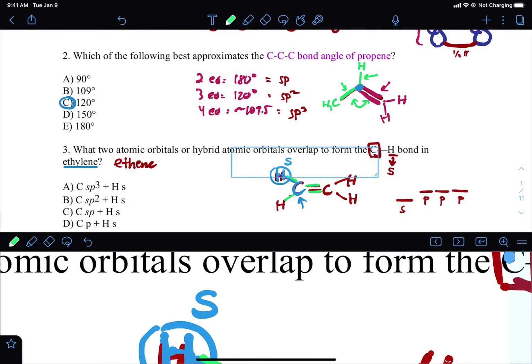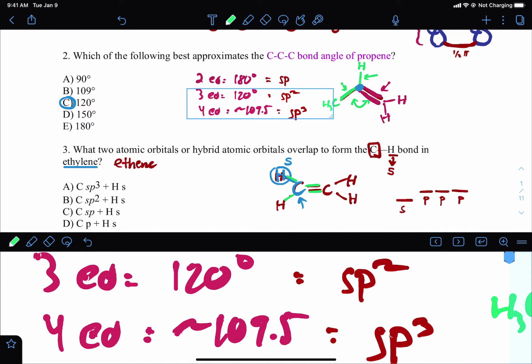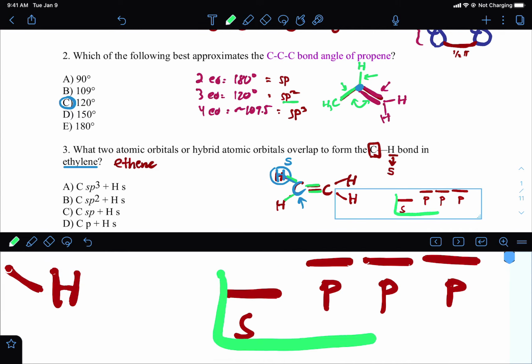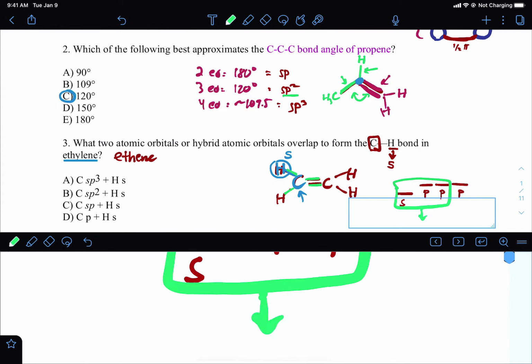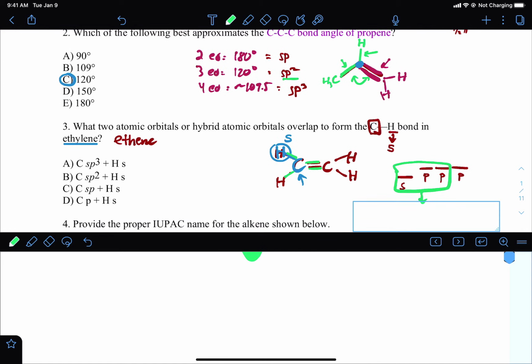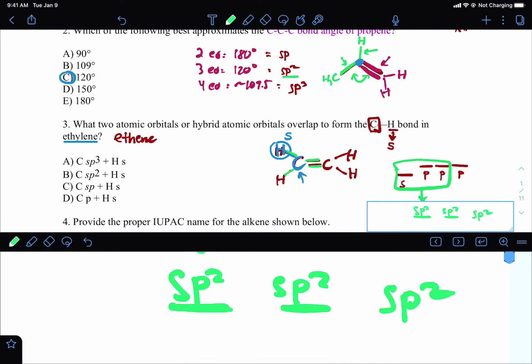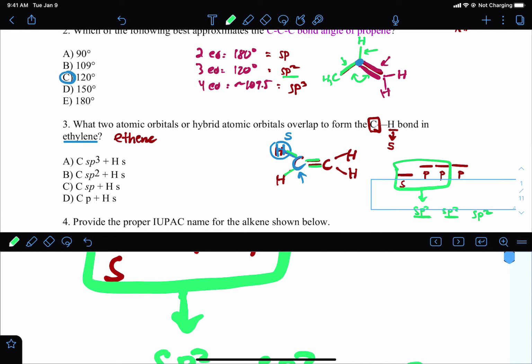So 3 electron domains, again, sp2, means that we are going to mix an s with 2 p's, and there we're going to have 3 equal sp2 orbitals, and then the 1 p that's left over, the higher energy p orbital.